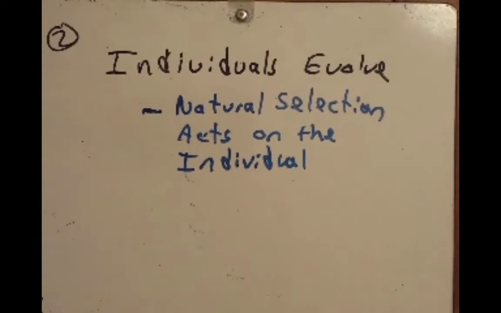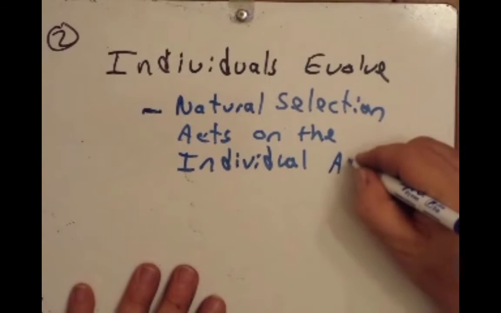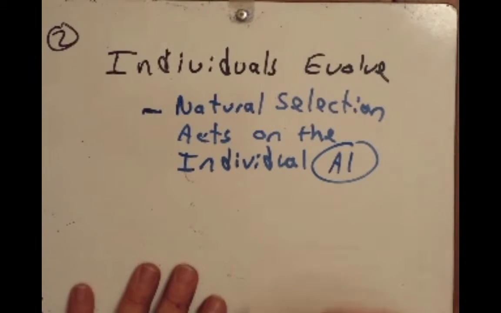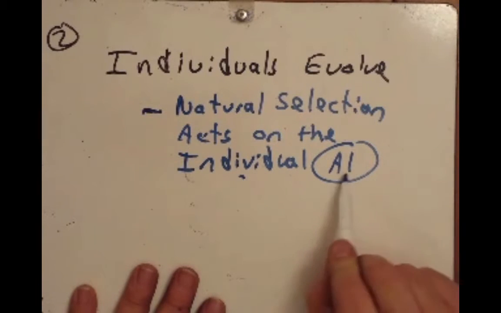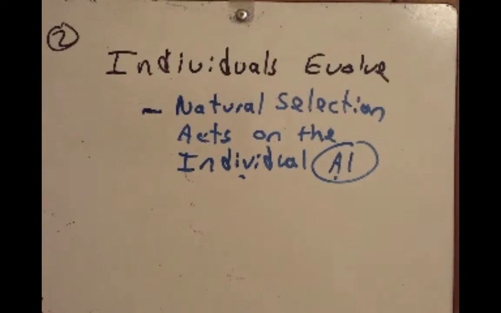So in that picture I just drew, natural selection is acting upon those individuals in favor of the allele A1. Because it's acting upon these individuals, those with A1 will be favored in this population.